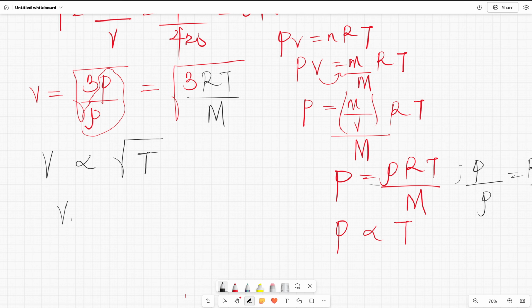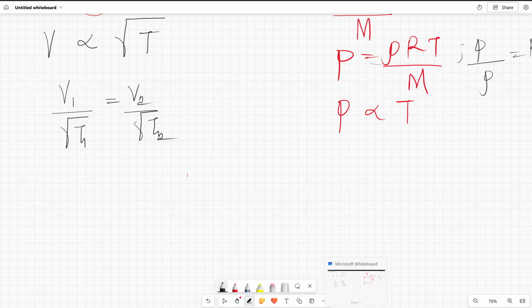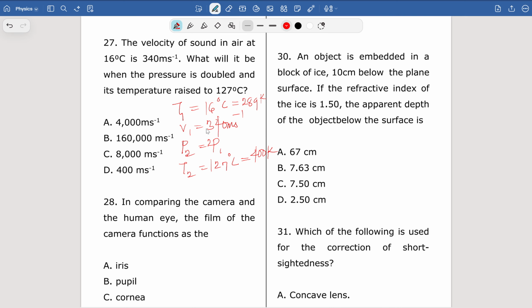So we can have that V1 divided by root T1 equals V2 divided by root T2. Now, what's the V1 given again? Yes, 340, which we've written out there. Pressure, we're not going to work with that, as the formula has shown, which implies that pressure does not affect the speed of sound in air. So this is 340, temperature one is 289. Let's work with that quickly.